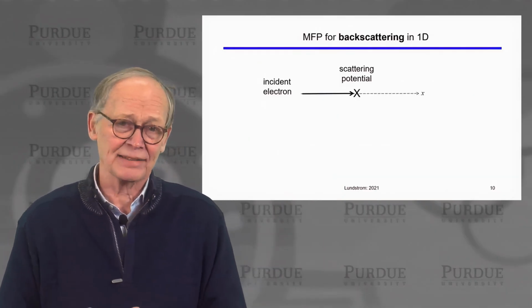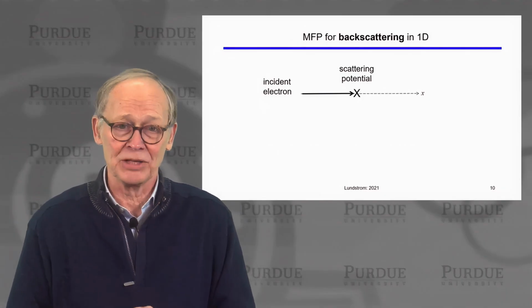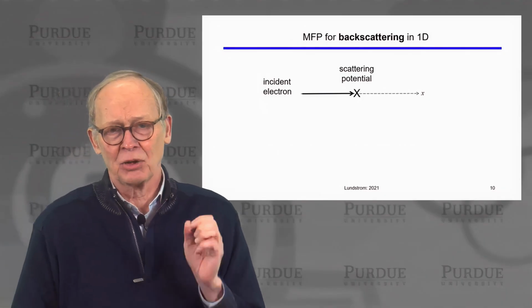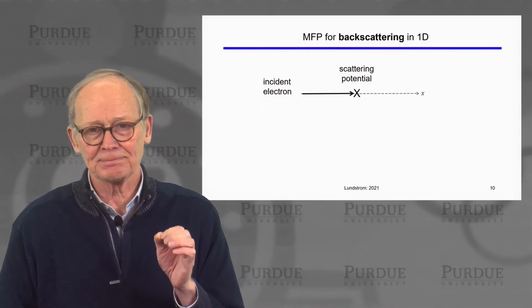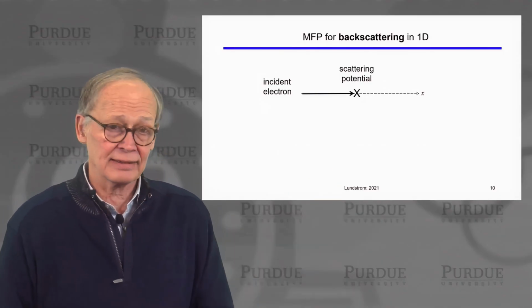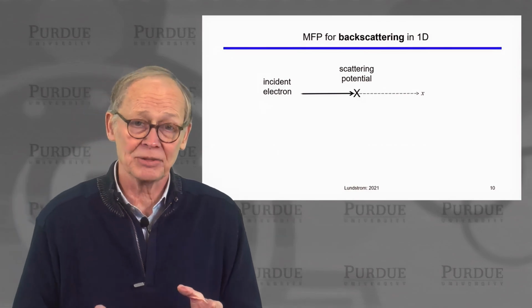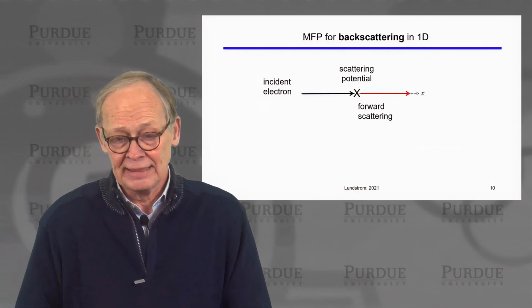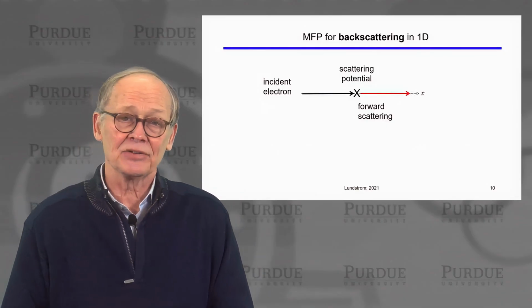I can illustrate that in a simple example in one dimension. Let's say we have a nanowire MOSFET, and electrons can only move in the plus x direction or the minus x direction. And let's say an incident electron encounters some type of scattering event, a lattice vibration or whatever. And let's say that this scattering event is isotropic.